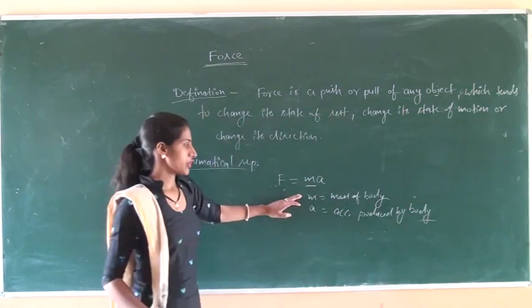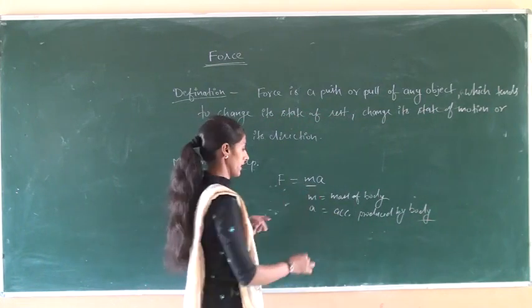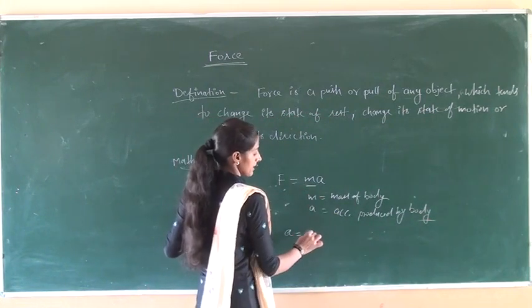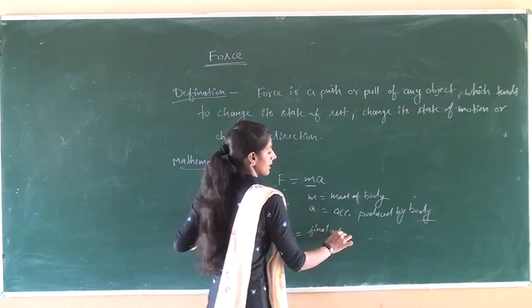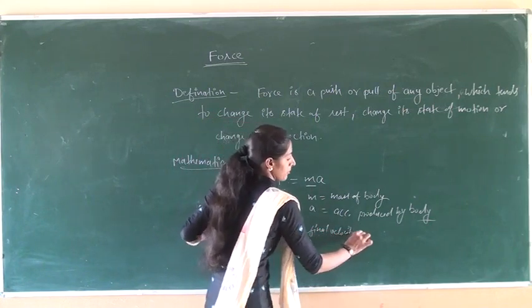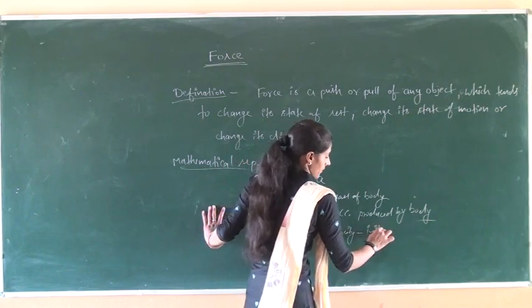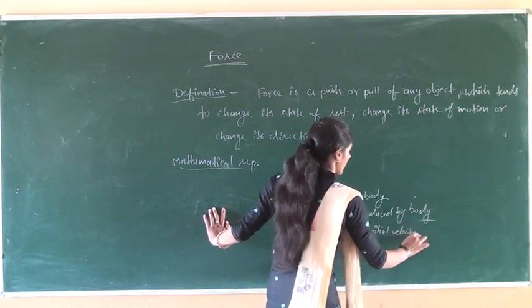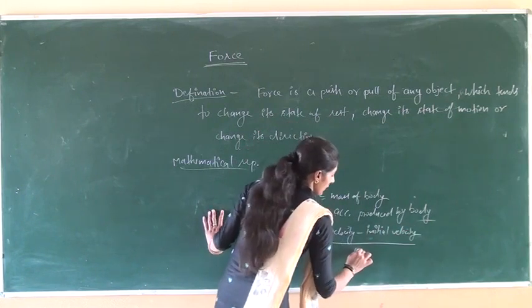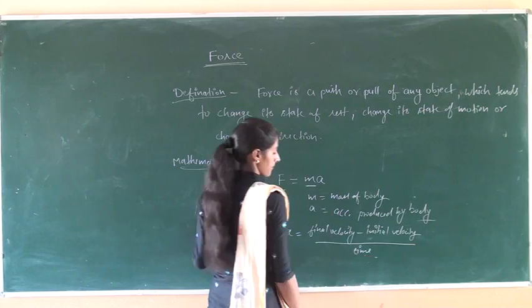Mass is the constant of any body and acceleration is the final velocity minus initial velocity with respect to time.